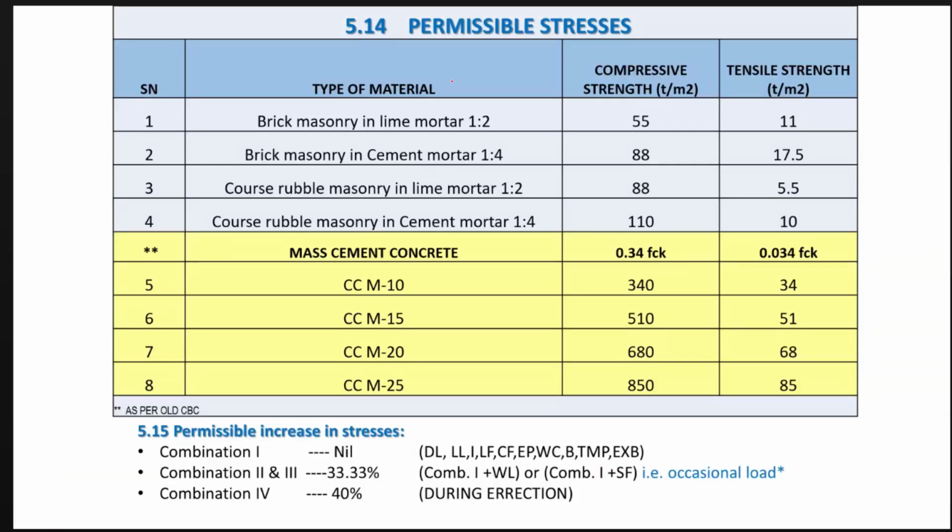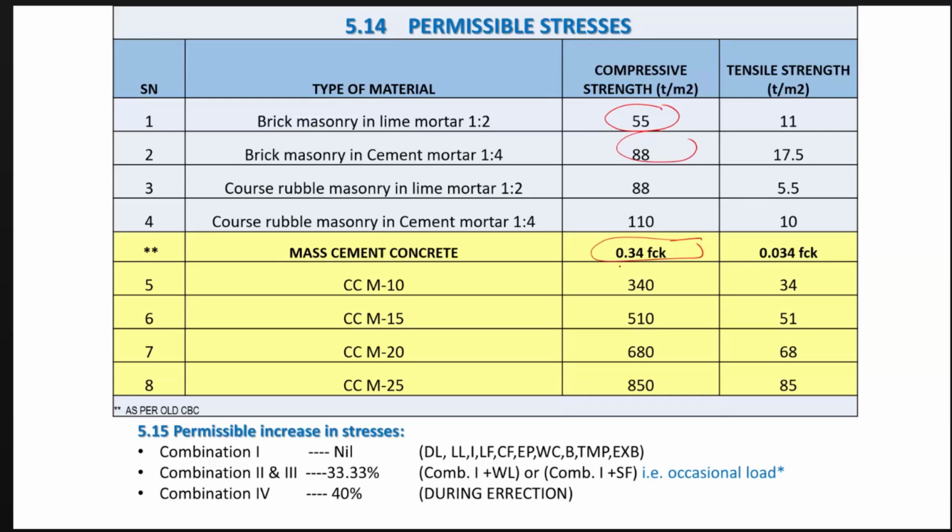This is for various types of masonry, like brick masonry or rubble masonry, with different types of lime mortar and cement mortar of different grades. That compression strength has been given in our substructure code. In fact, even mass concrete is also checked, and that value is also given in IS 456.